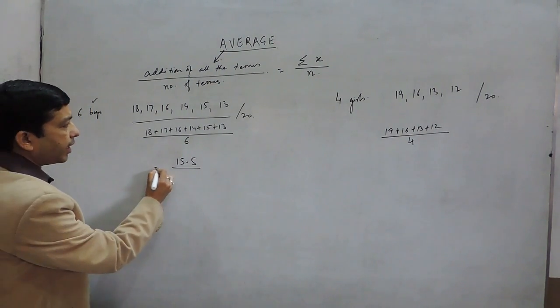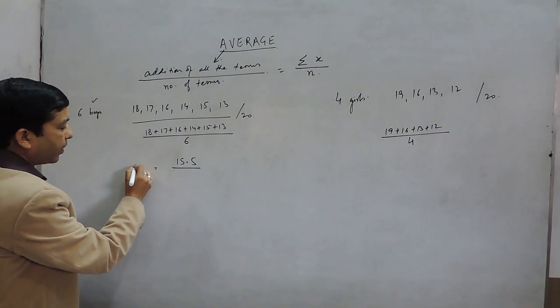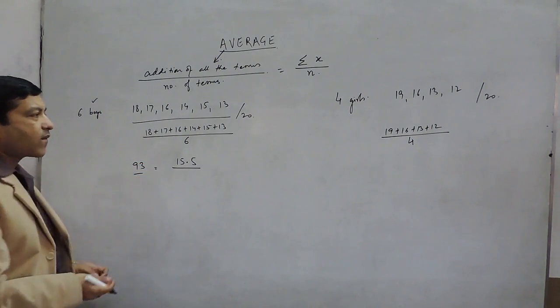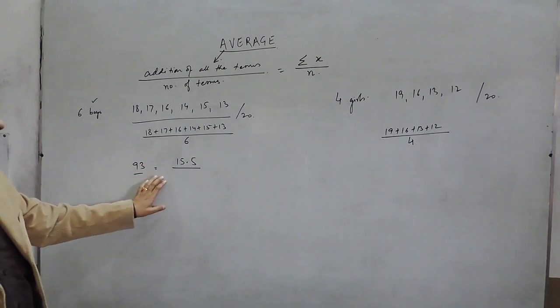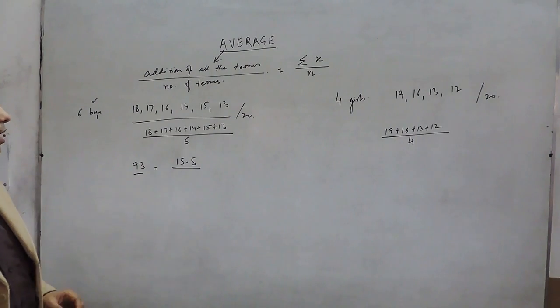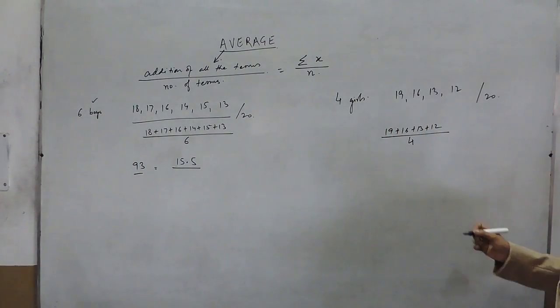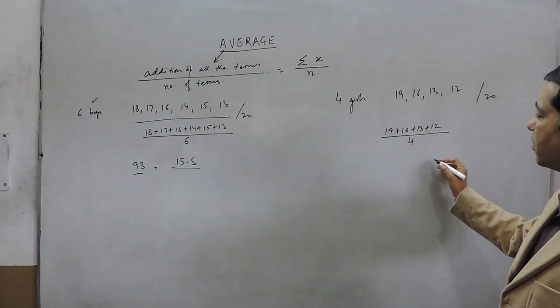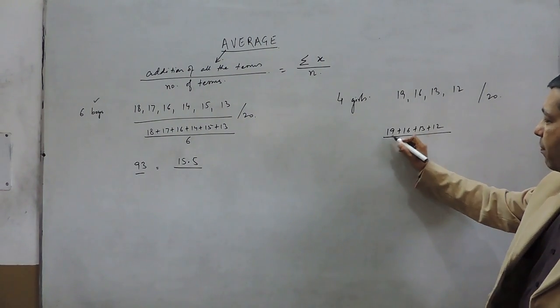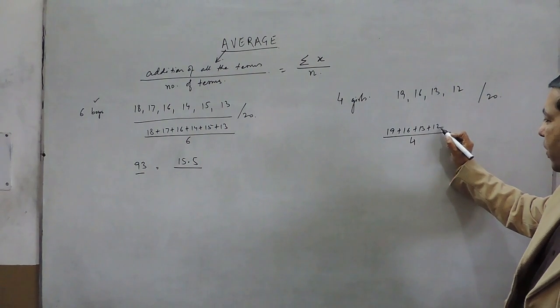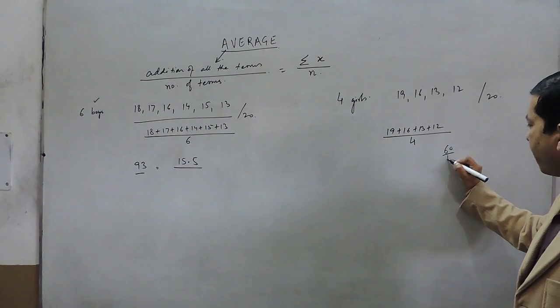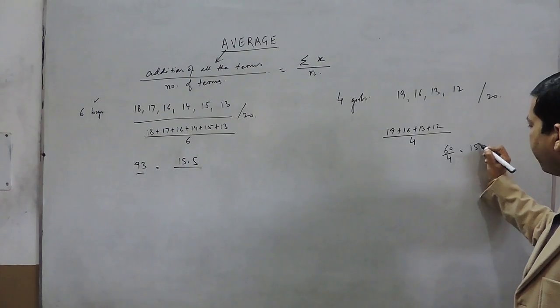The total sum comes out to be 93, and 93 divided by 6 comes out to be 15.5. For the girls, 19 plus 16 is 35, plus 25 comes out to be 60, upon 4, which comes out to be 15.